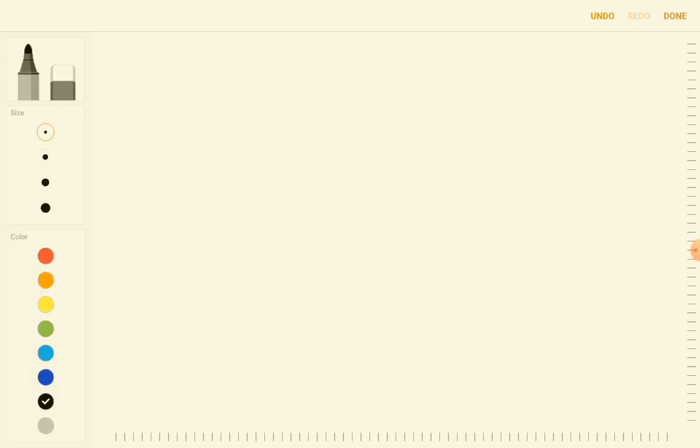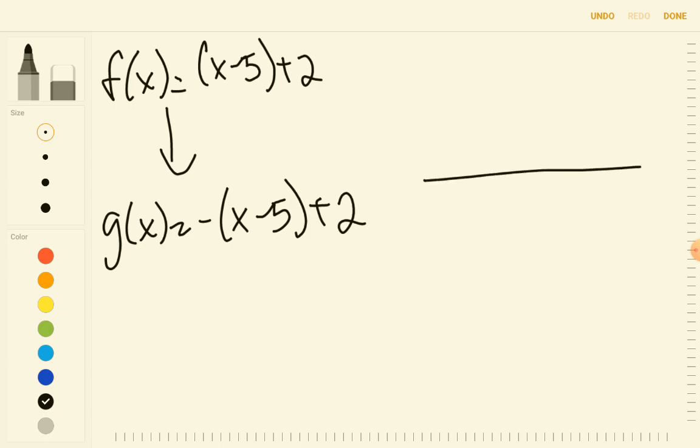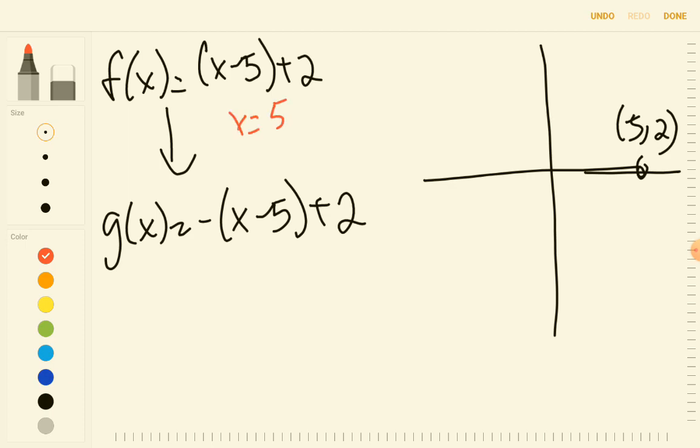For our first function we have f of x is equal to x minus 5 plus 2, and transforming that to g of x equals negative x minus 5 plus 2. To get started, we would normally draw a coordinate plane and plot both of our points, which would be x equals 5, comma 2, so that would be our vertex.